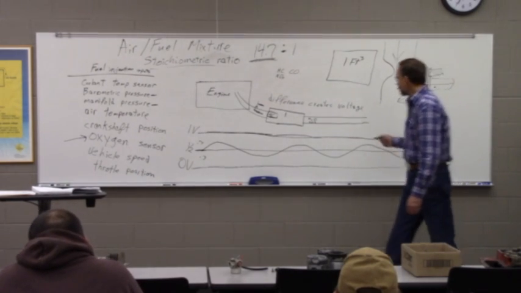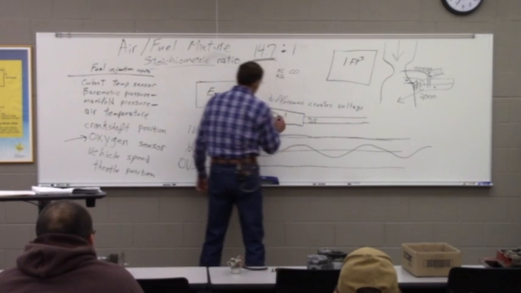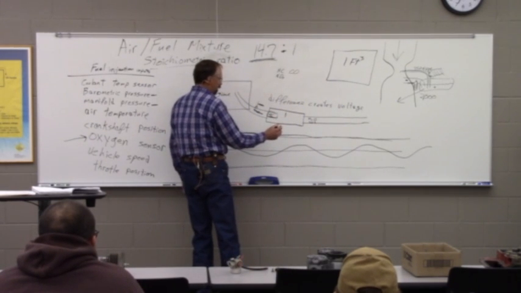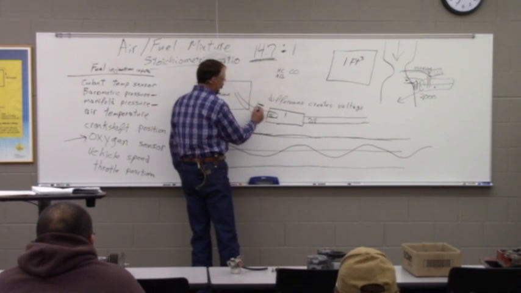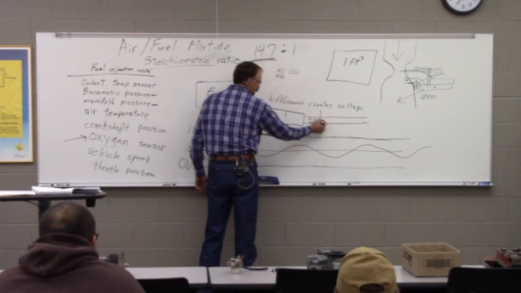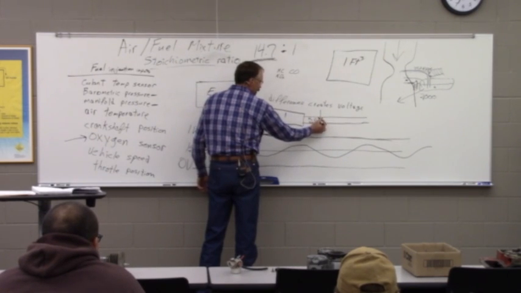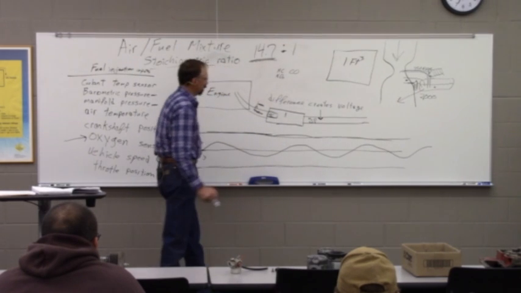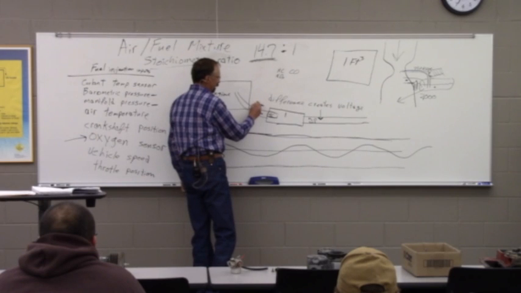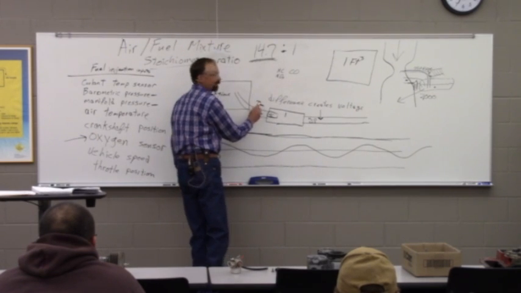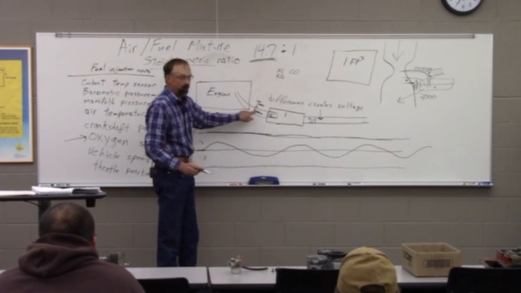So anyways, on most all vehicles made in at least the last 12 to 15 years, they're putting another oxygen sensor in back here. What the computer is actually using to manage the fuel is this front one.